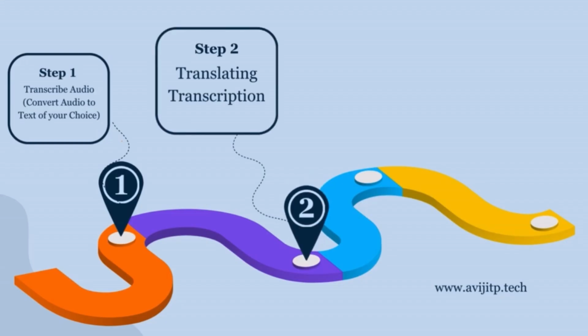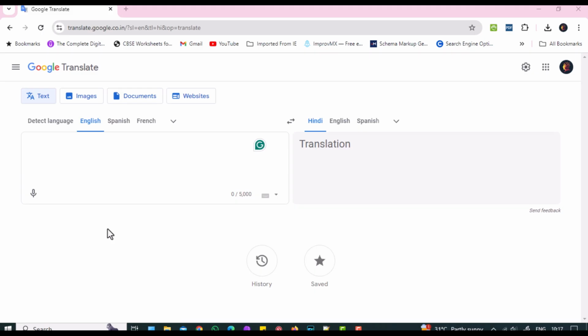For the second step, open Google Translate and translate the generated transcript to the language that you want to make the subtitle.